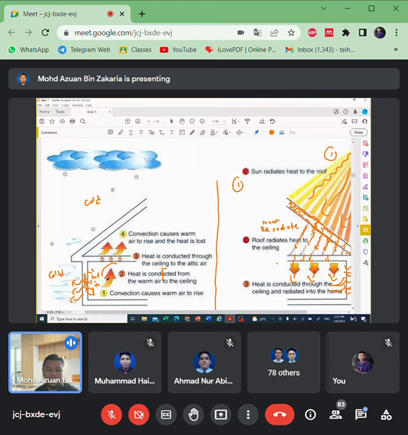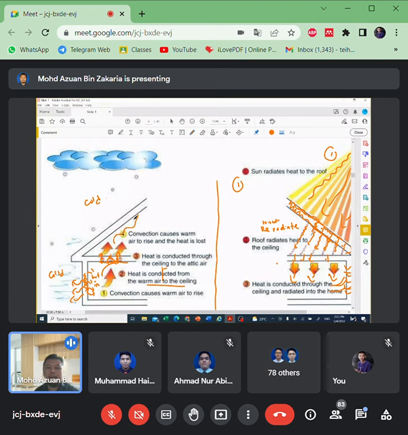So when the heat is trapped, the heat will conduct from the warm air to the ceiling. When the indoor condition is hot, it will make the ceiling hotter and conduct the heat to the attic area. The heat conducts through the ceiling to the attic, and convection causes warm air to rise and the heat is lost.